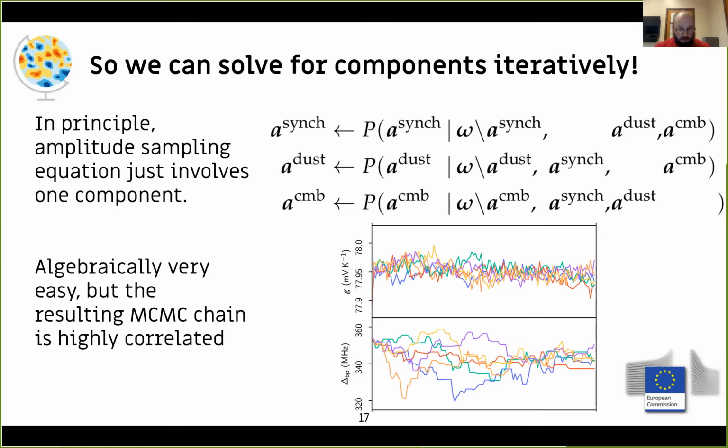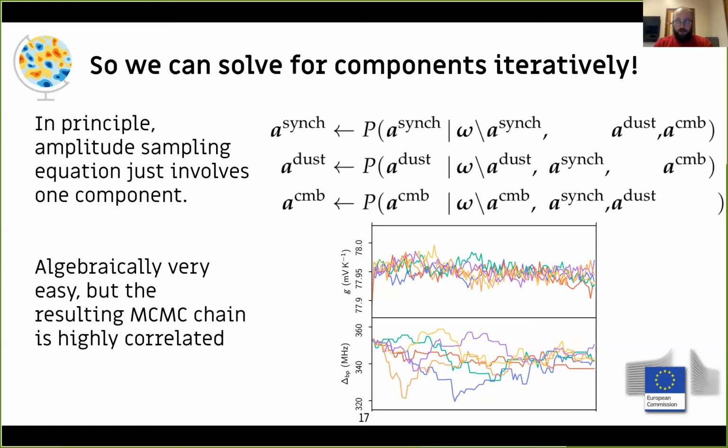I just want to take a step back and point out what we're doing. Before, we were talking about solving for all the amplitudes at once, and we have a difficult problem in linear algebra to solve. That is, we have a matrix with a high condition number. With Gibbs sampling, we can say, what if we have instead a matrix with one component?